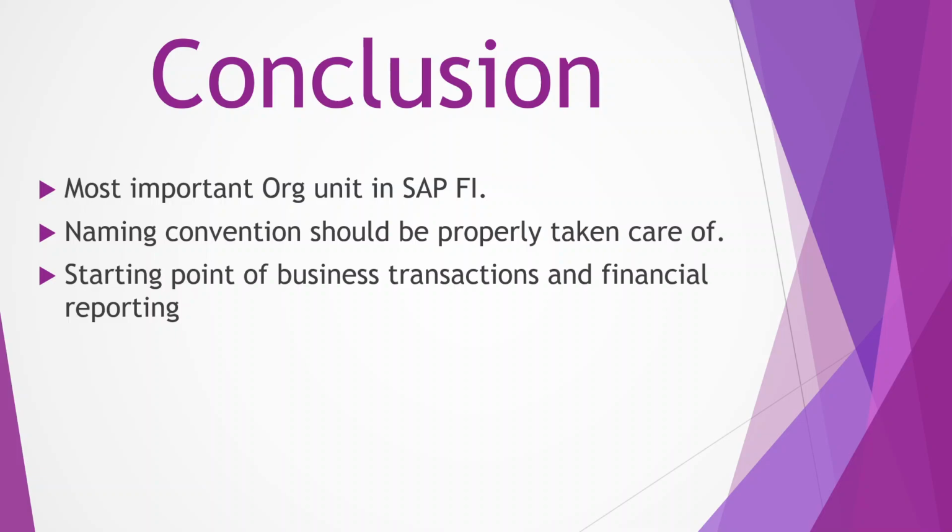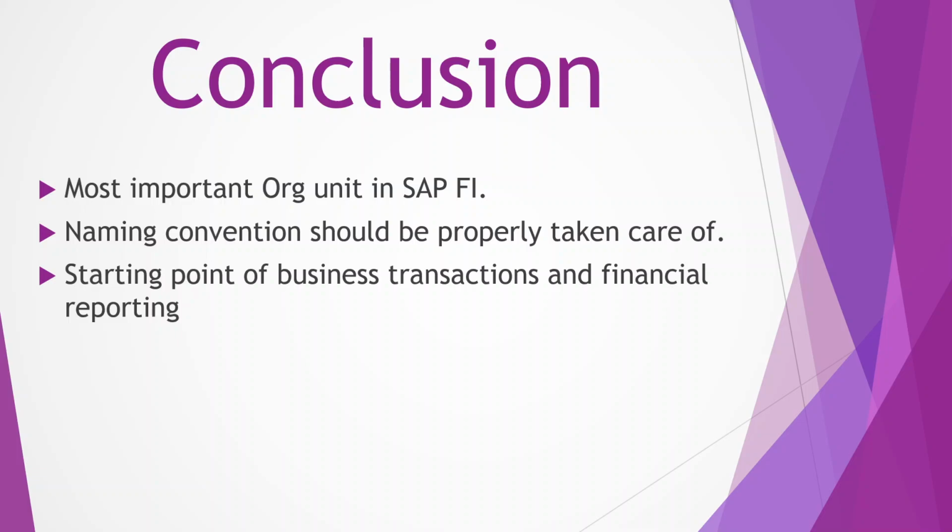Now we have basically come to the conclusion of this particular video. To conclude, what I would like to say is company code is the most important org unit into SAP FI side. Particularly org structure is what I am talking about.